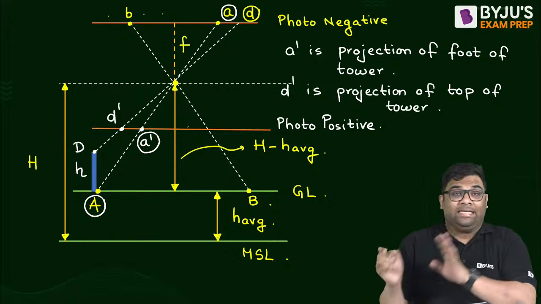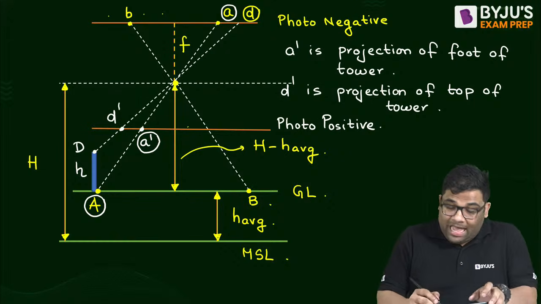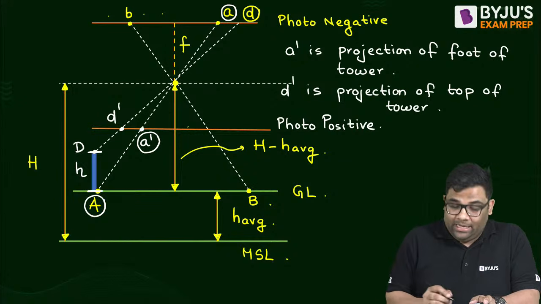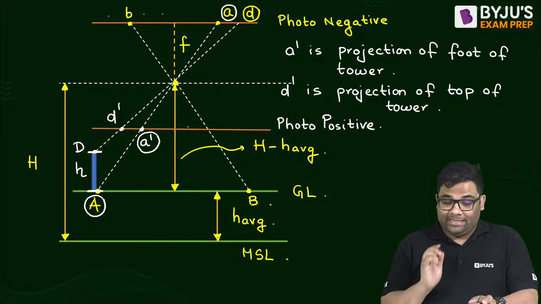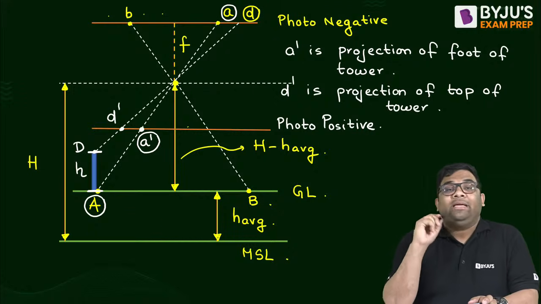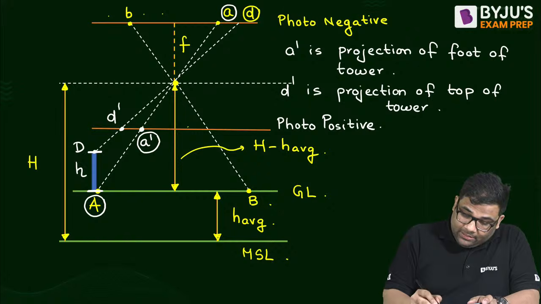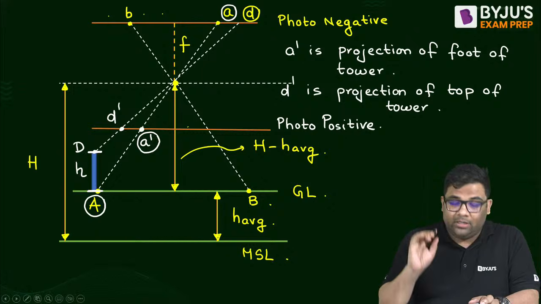So from all this, we saw that if we have a tower of height h, whose bottom is A and top is D, then A dash will be the projection of the foot or bottom, and D dash will be the projection of your top.